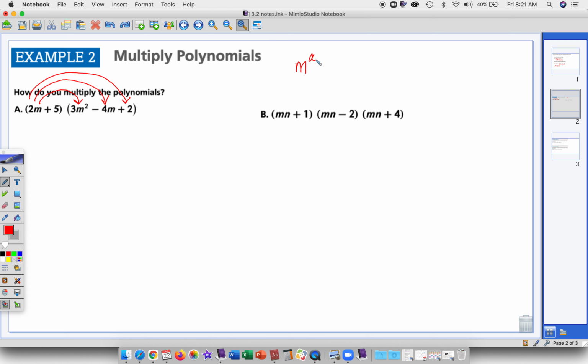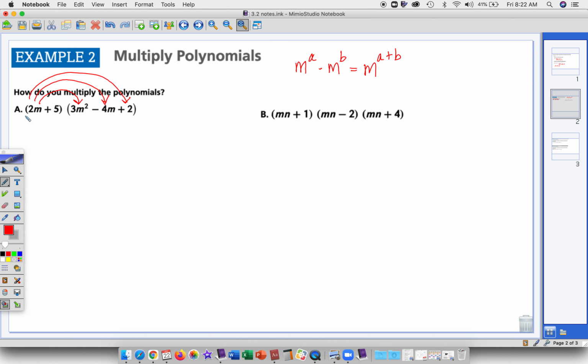So if I have m to the a times m to the b, from our rules of exponents, we add these exponents together. So this becomes m to the power of a plus b. So as long as I have the same base, right, it has to be m and m, couldn't be two different variables, I can multiply, the base does not change, and what I do is I add the exponents together.